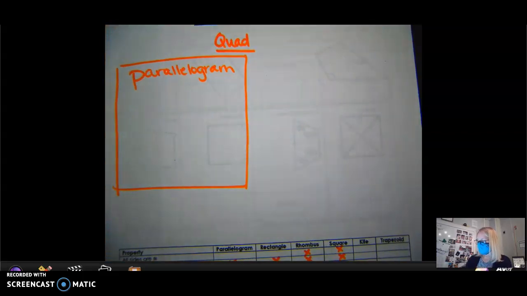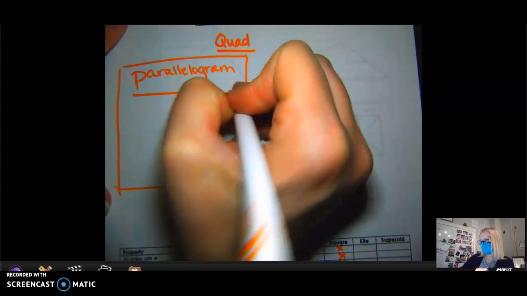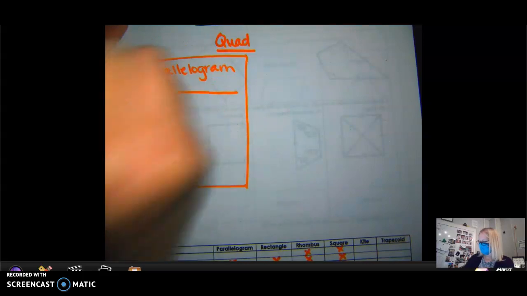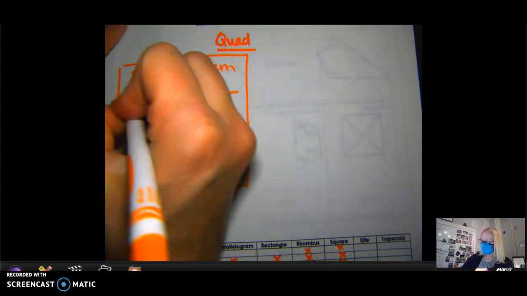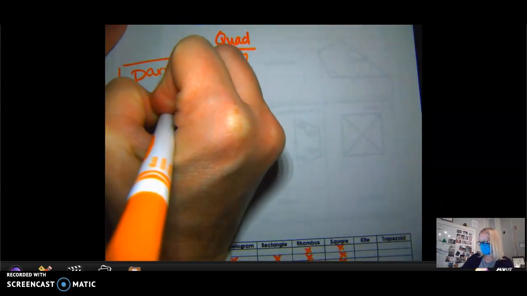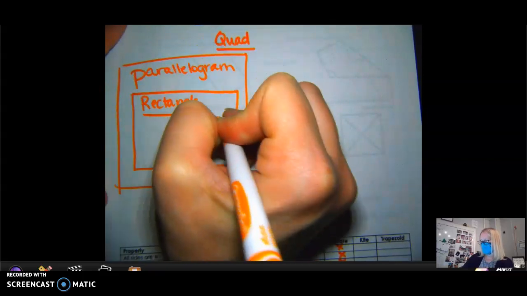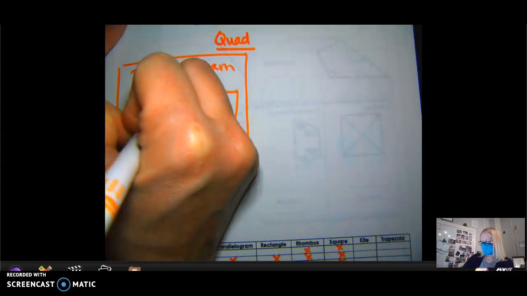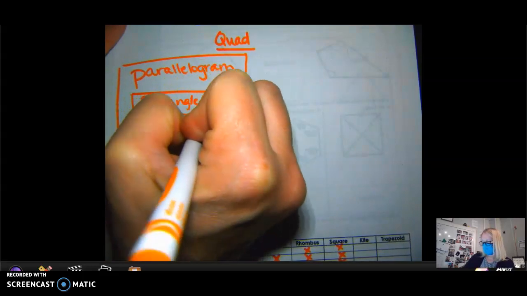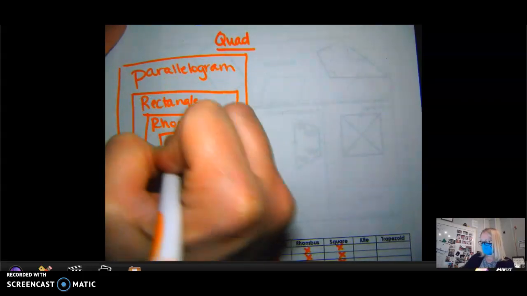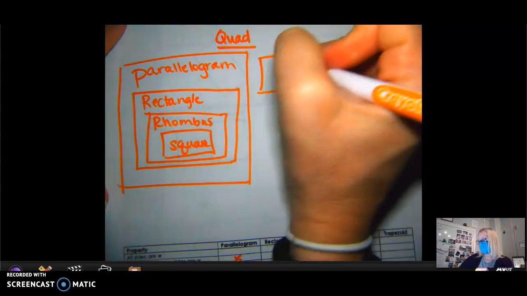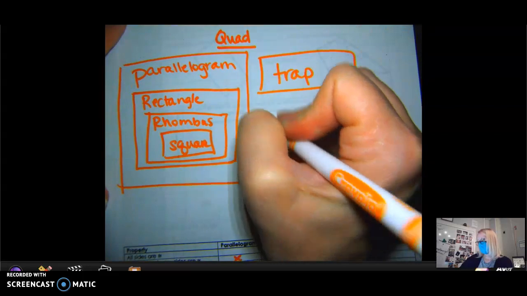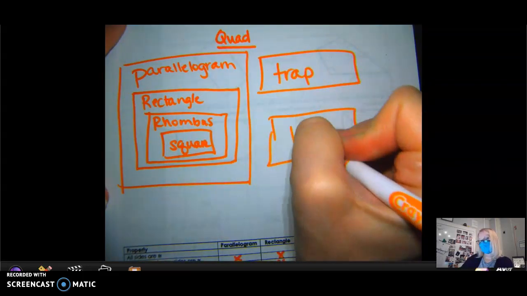But inside parallelograms would be rectangles. Inside rectangle would be a rhombus. And inside a rhombus would be a square, right? Then we also have trapezoids and kites, which are kind of their own thing.